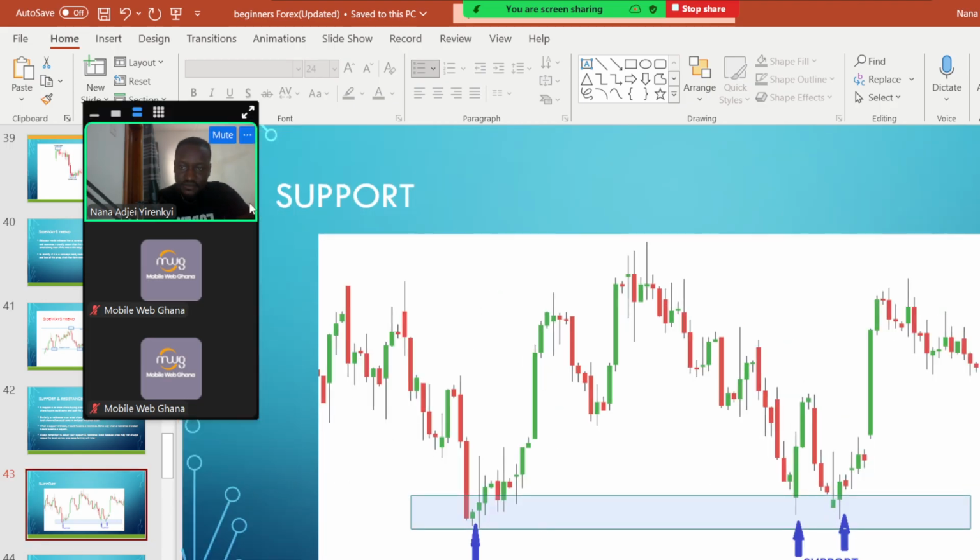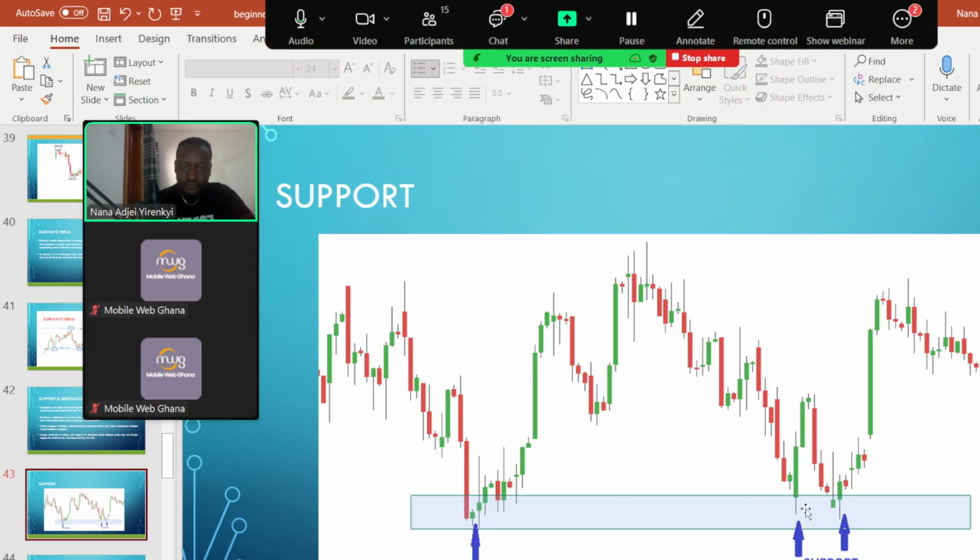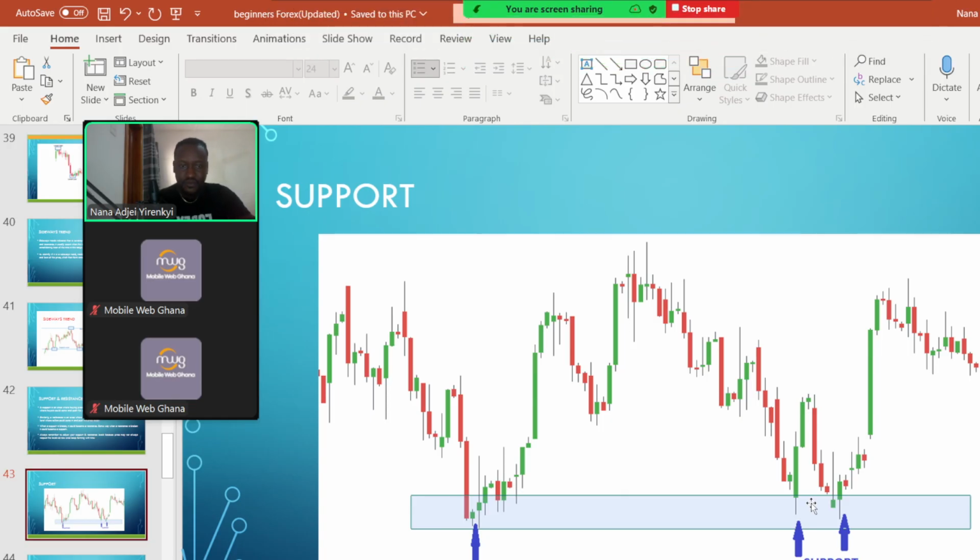So this is an area of support. When price hits the support area, it means that we are looking for an area where buying pressure could step in. We are using the word could because we are looking at a probability, a high chance that price will start buying when price hits a support area.